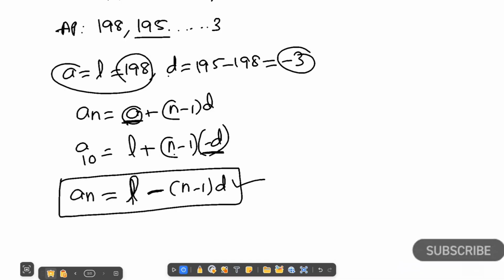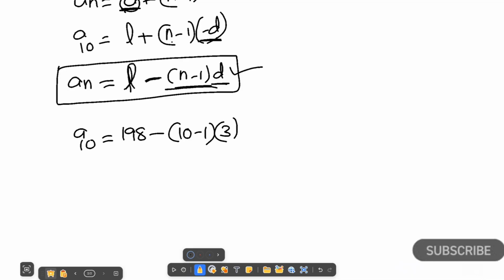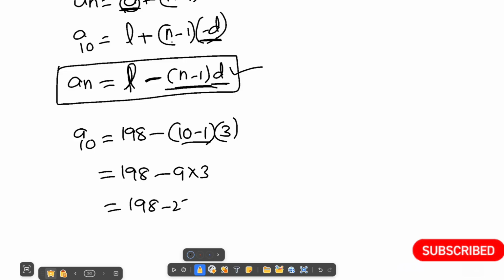A10 is equal to l value 198 minus 10 minus 1, which is 9, into d, which is 3. So 198 minus 27 is equal to 171. So the 10th term will be 171.